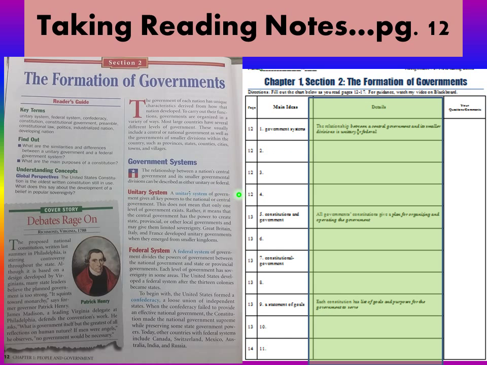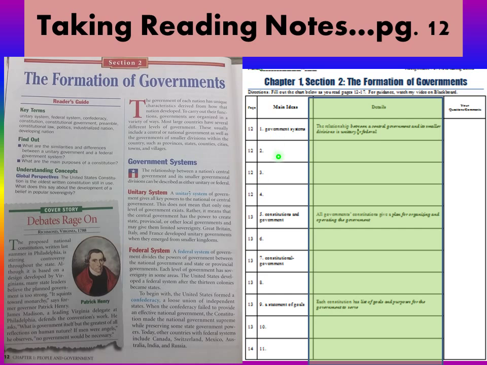A unitary system of government gives all key powers to the national or central government. This does not mean that only one level of government exists. Rather, it means that the central government has the power to create state, provincial, or other local governments and may give them limited sovereignty. Great Britain, Italy, and France developed unitary governments when they emerged from smaller kingdoms.